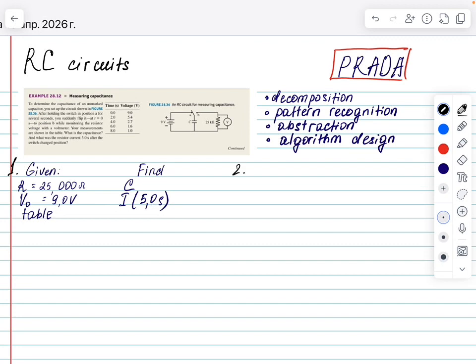So the second one is pattern recognition. I recognize that this is a standard capacitor discharging problem in an RC circuit. In this kind of problem, the voltage does not decrease linearly, it decreases exponentially. So the standard form is, let me write this.